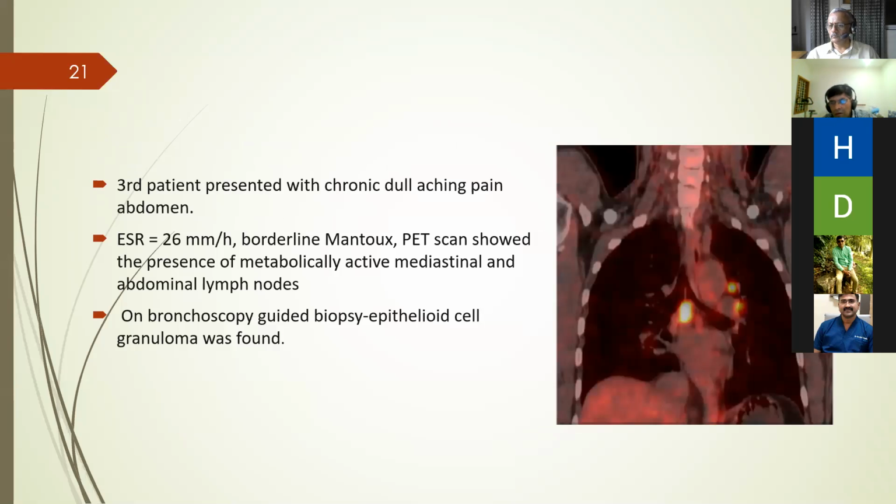The third patient came with a chronic dull aching pain, with ESR of 26 and borderline Mantoux. The PET showed metabolically active mediastinal and abdominal lymph nodes, and bronchoscopy guided biopsy showed epithelioid granulomas.